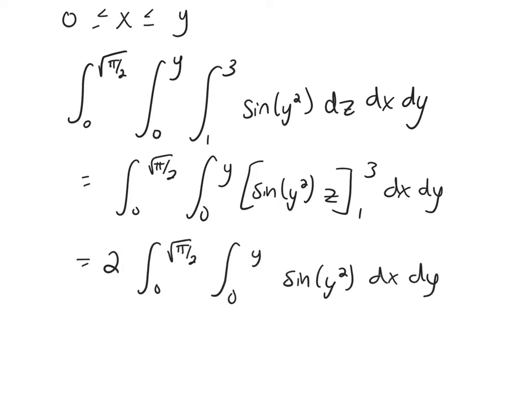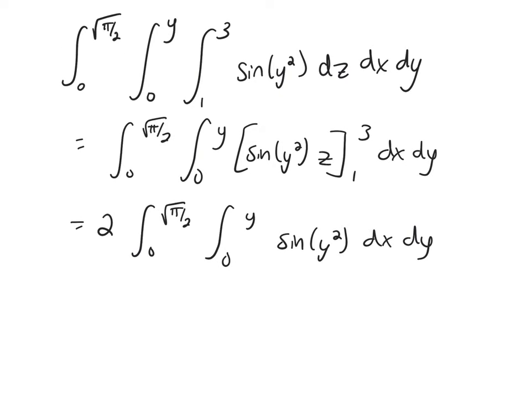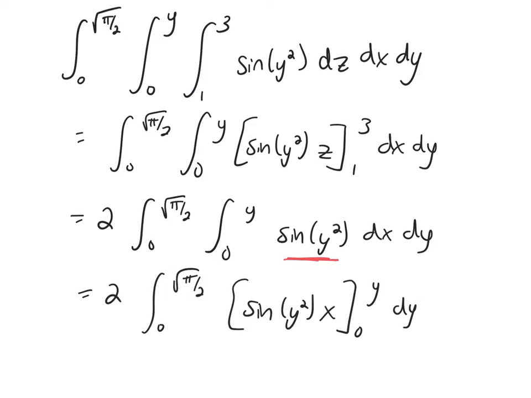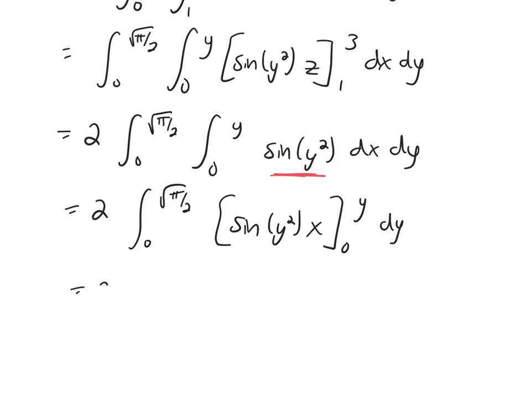Now because it's dx and there's no x here, this whole thing is like a constant. So this is 2 times the integral of sine of y squared x. And now in place of x, you're going to plug in y and 0. So this will be sine of y squared times y.